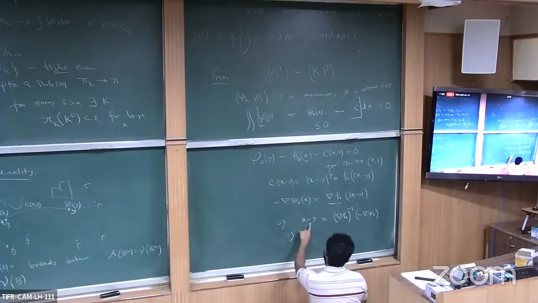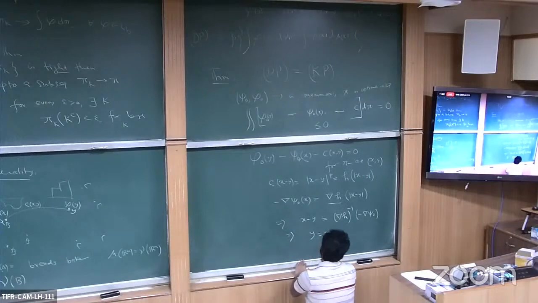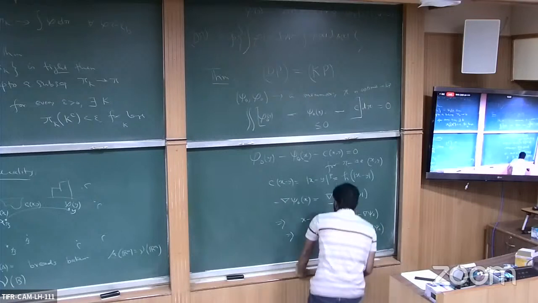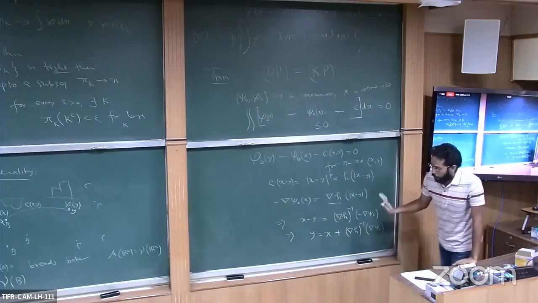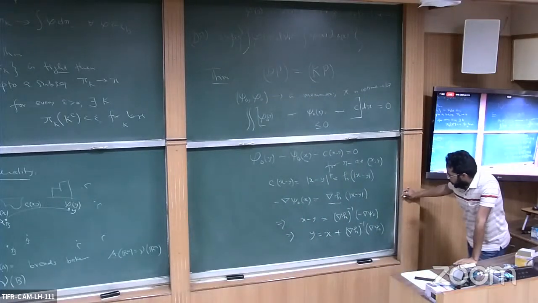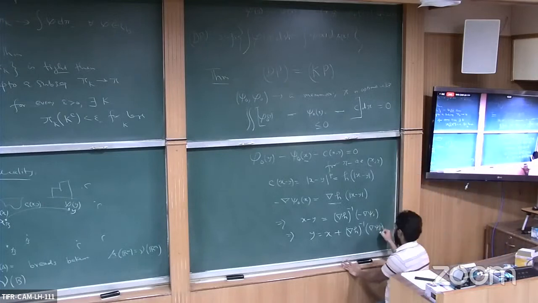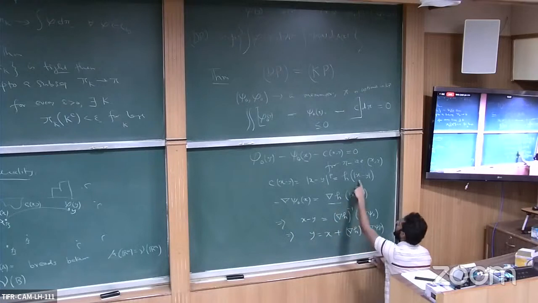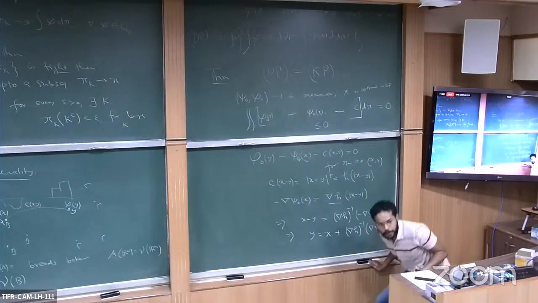So from there you get y, so y equals x plus gradient h inverse of gradient psi. Okay, so basically everything is formal. Yeah, no, so this is minus, it will come to the other side, it is radial, so that's why.